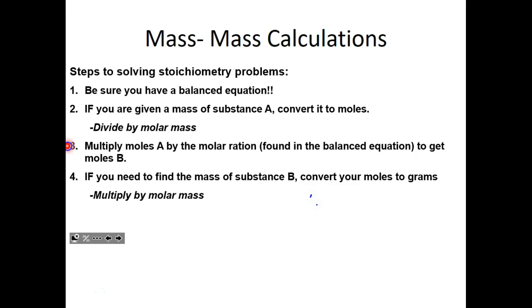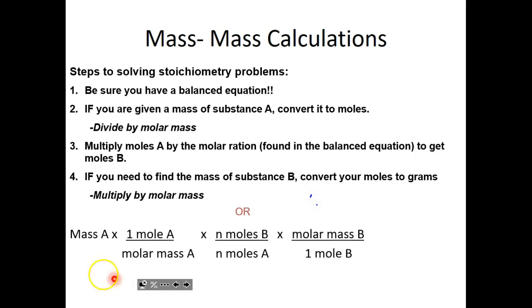So after you multiply by the mole ratio, to convert to mass of your unknown substance, you're going to convert to grams by multiplying by the molar mass, okay? Essentially, your work, if you did it all in one full swoop, would look like this. So you've got mass of your given, that's A, divided by its molar mass, okay?